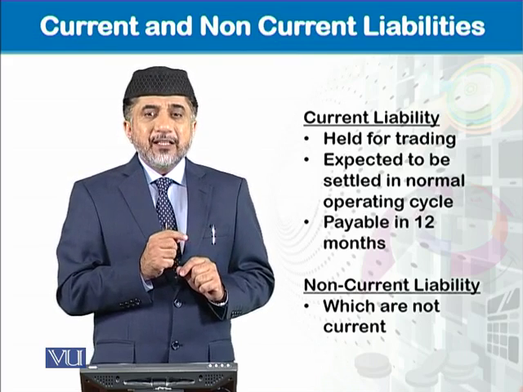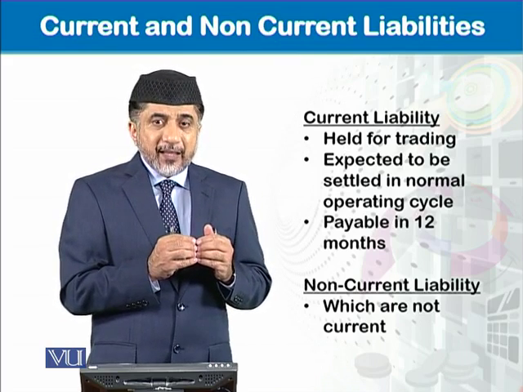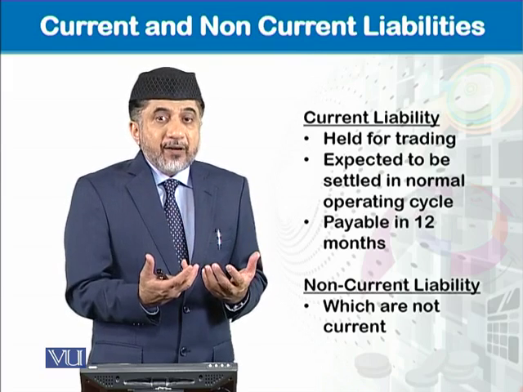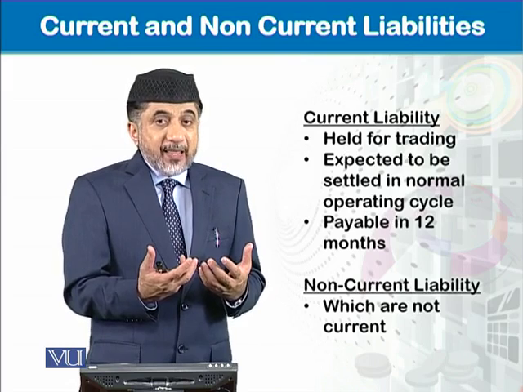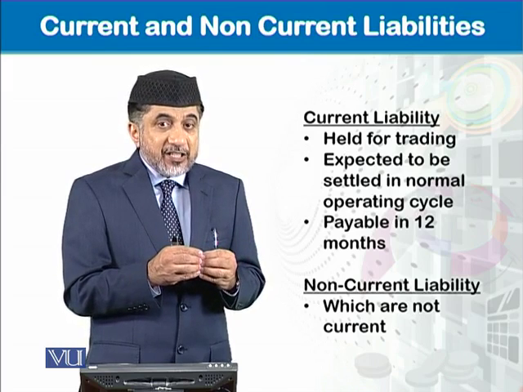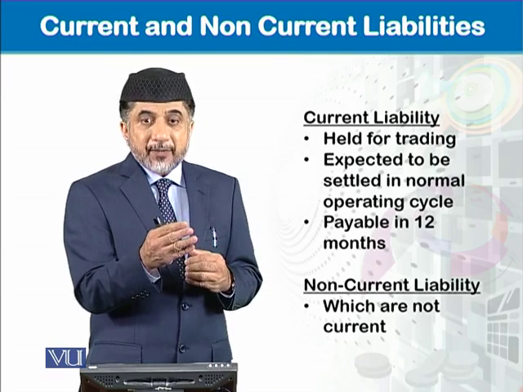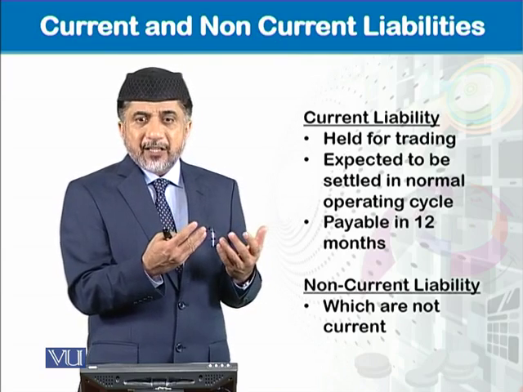The thing is, if the operating cycle is more than 12 months, but that is normal for an organization, should we take it in the current liabilities category or the non-current liabilities category? The same applies to current assets and non-current assets.